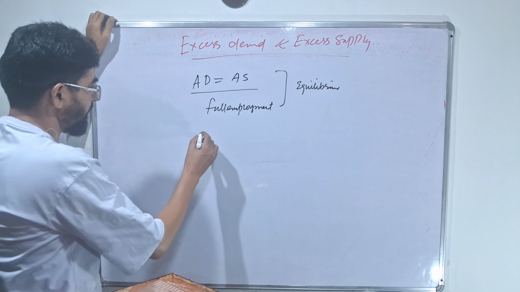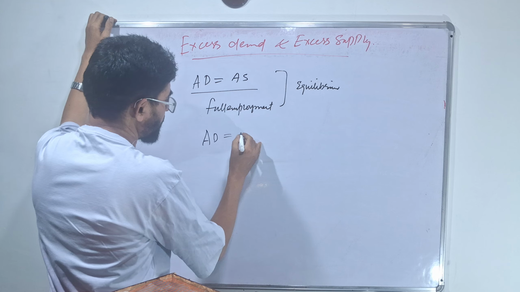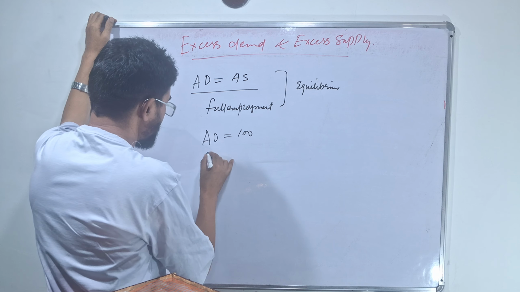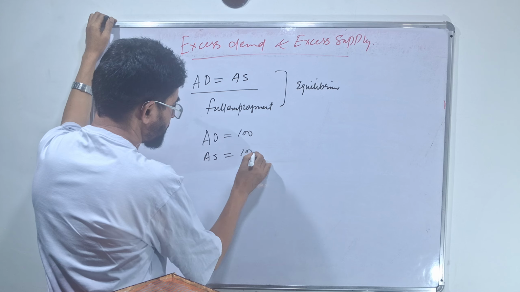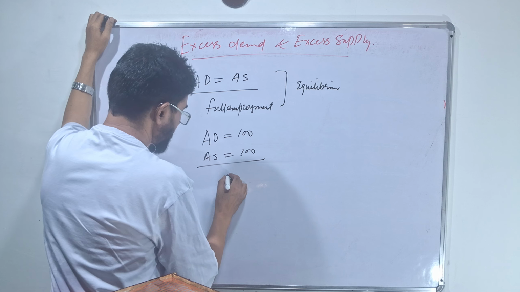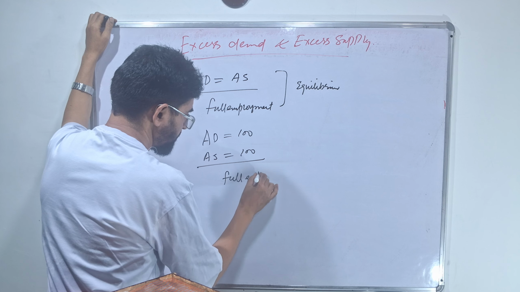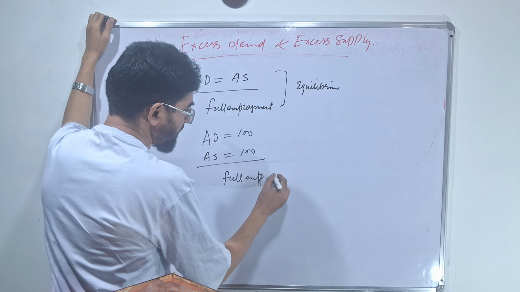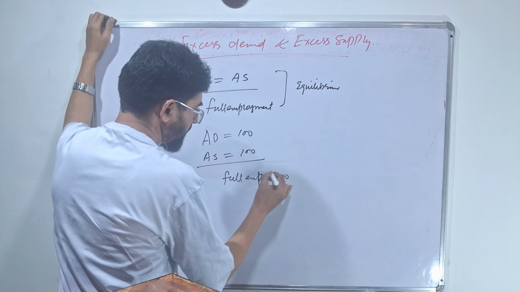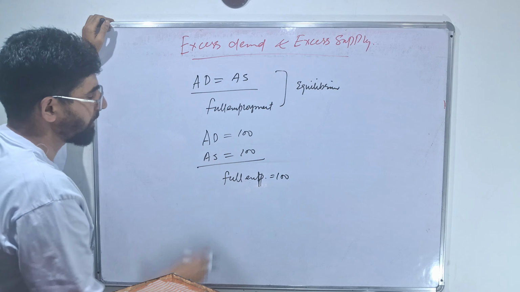Means when aggregate demand, for example, is equal to 100 units, aggregate supply is equal to 100 units, with respect to the full employment level, that is equal to 100. And when this situation happens in an economy, definitely we will call it equilibrium.